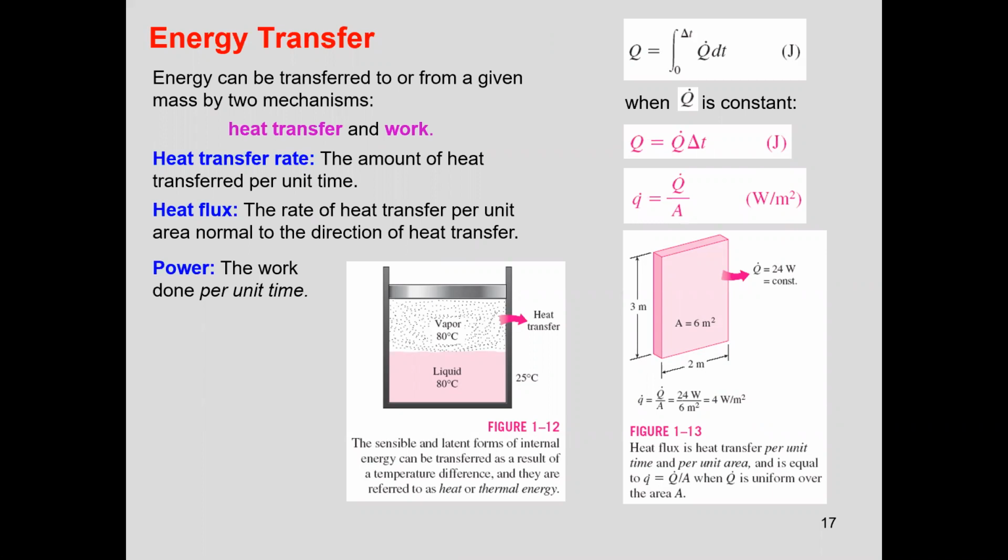Energy can be transferred to and from a given mass by two mechanisms, heat transfer and work. The heat transfer rate is the amount of heat transfer per unit time, and heat flux is the rate of heat transfer per unit area normal to the direction of the heat transfer, whereas the power is the work done per unit time.